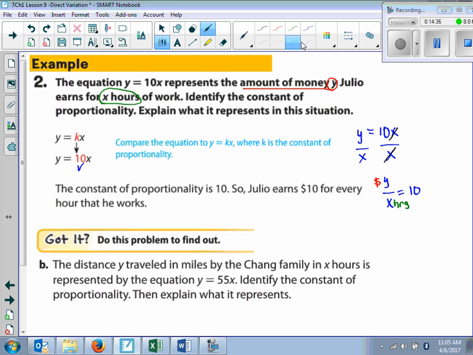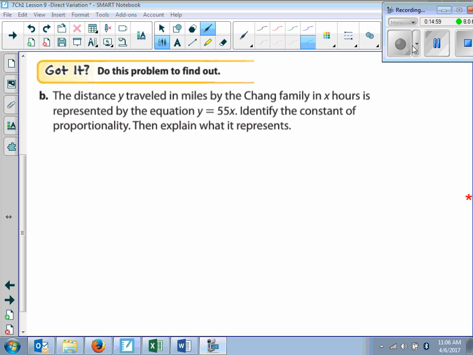If I want to continue this, I can put this 10 over 1. That tells me that Julio earns $10 for every 1 hour. Does everybody see the correlation there? So Julio earns $10 for every hour that he works.